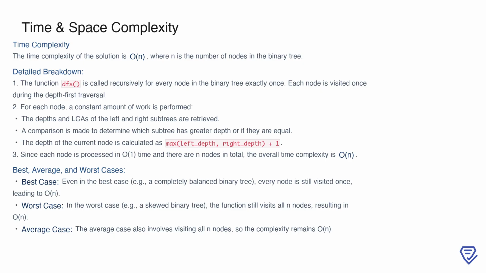Since each of these operations takes O(1) time and there are n nodes in total, the overall traversal results in O(n) time complexity. This holds true across all scenarios, whether the tree is balanced, skewed, or irregular, as every node must still be visited once.